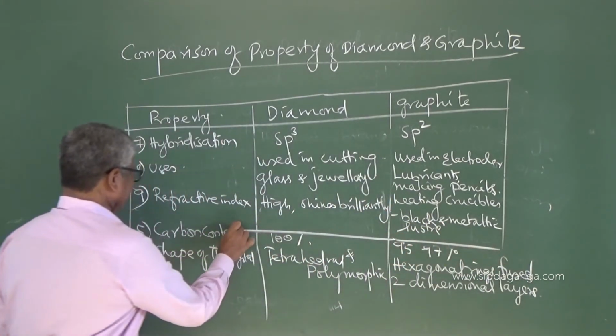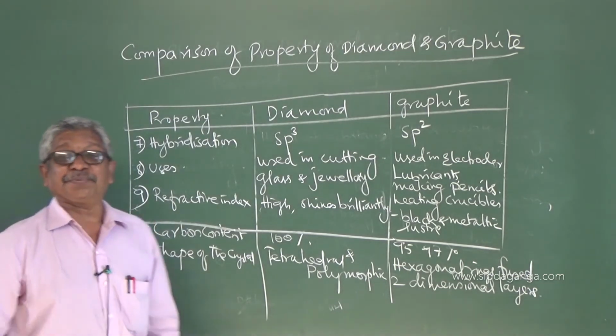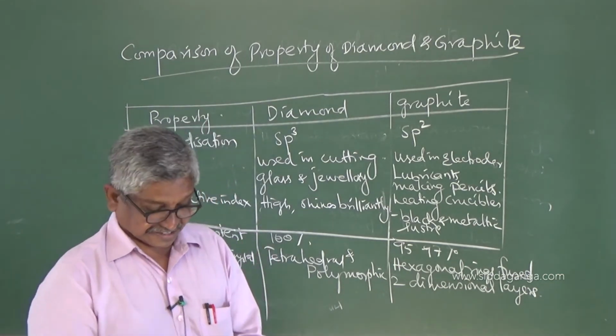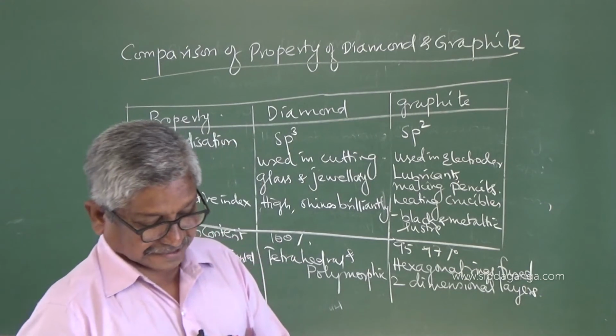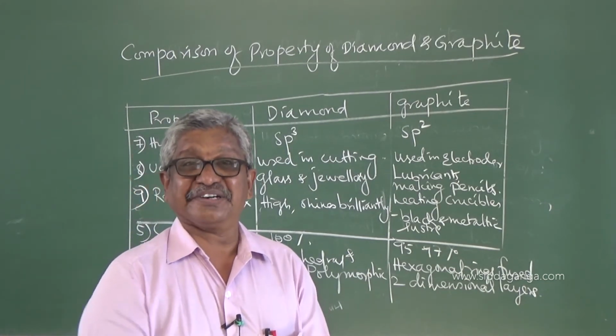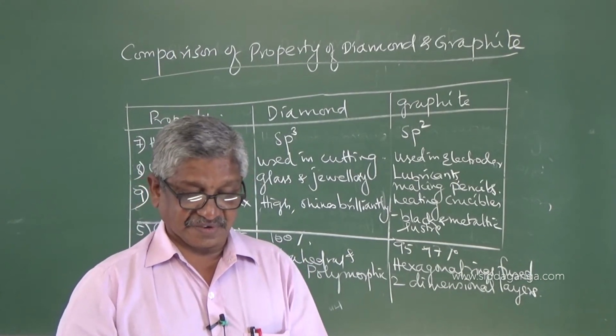So these are the properties of diamond and graphite.